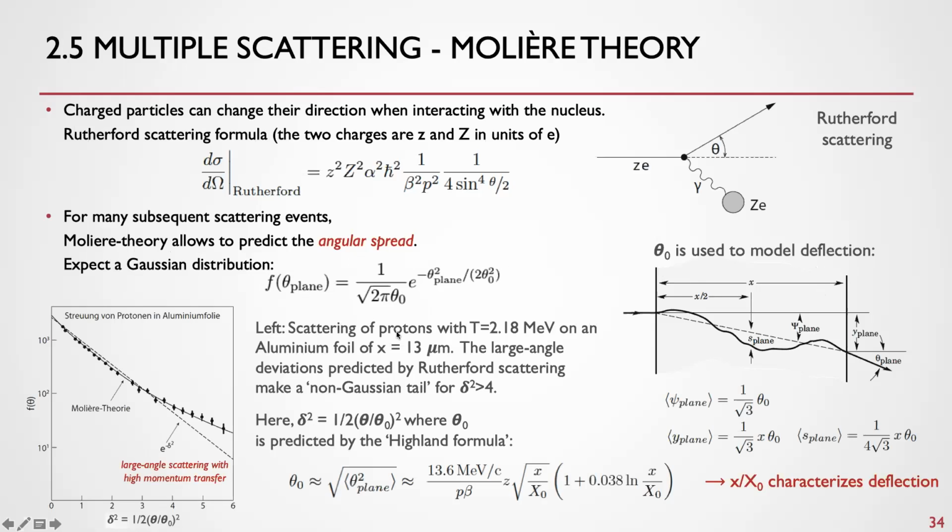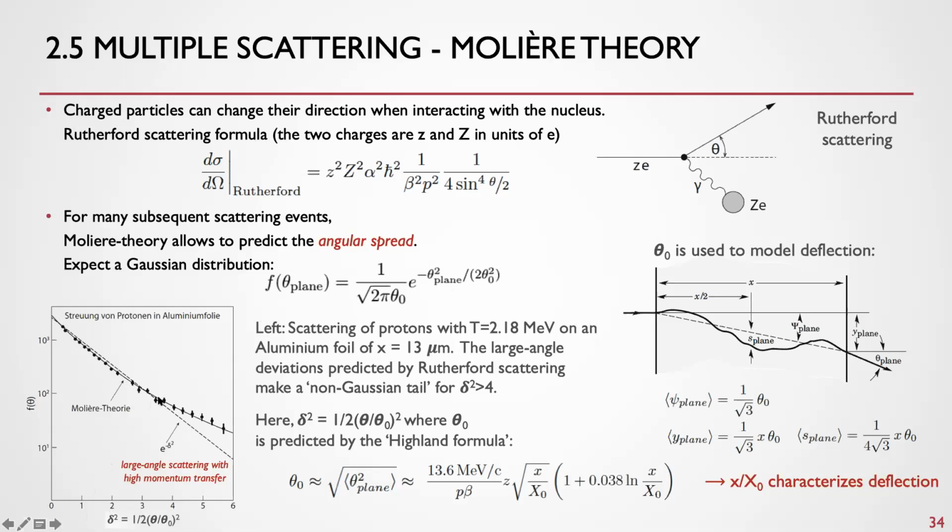if we take the logarithm of this distribution and we plot the distribution with respect to the square of the angle. This Gaussian distribution will be a linear falling function. So it means that for most of the deflection angles, actually the Gaussian theory is a very good approximation.